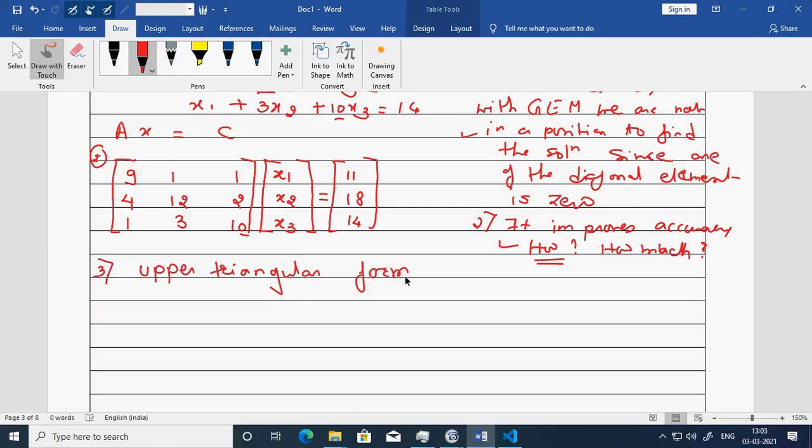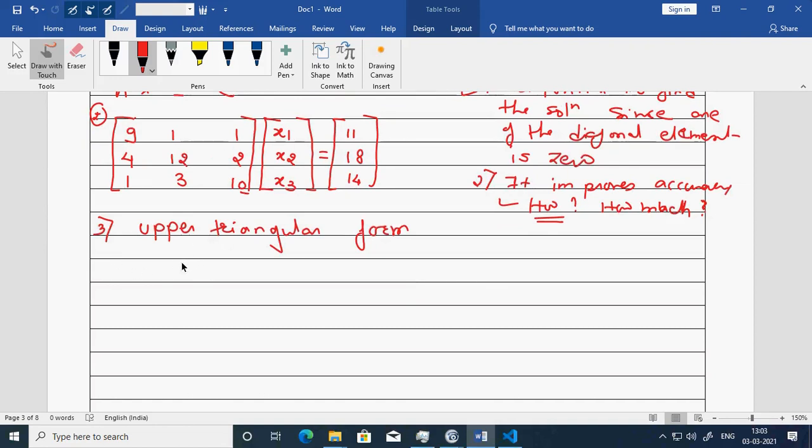Okay, so how do we do it? You can write down the steps.